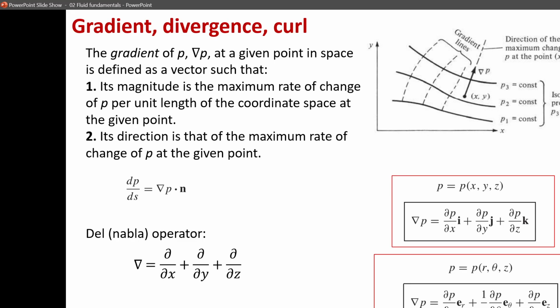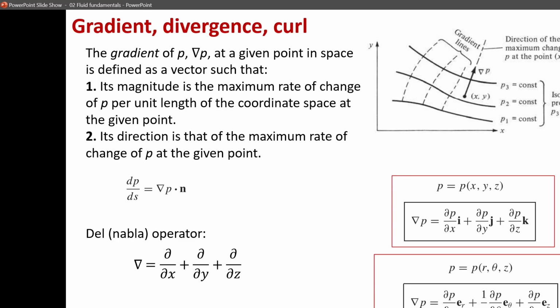All of these operations are done by multiplying an operator called the del operator by your parameter. If you multiply your del operator by a scalar field, you're taking the gradient of that scalar. What is the del operator? This is the del operator, or the nabla operator. Essentially partial x.